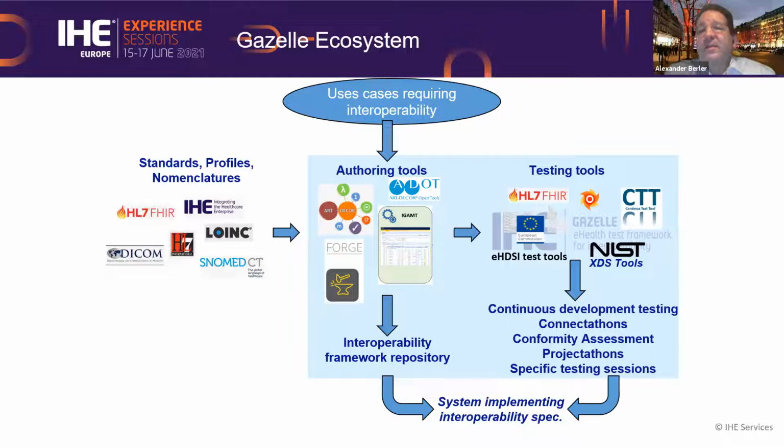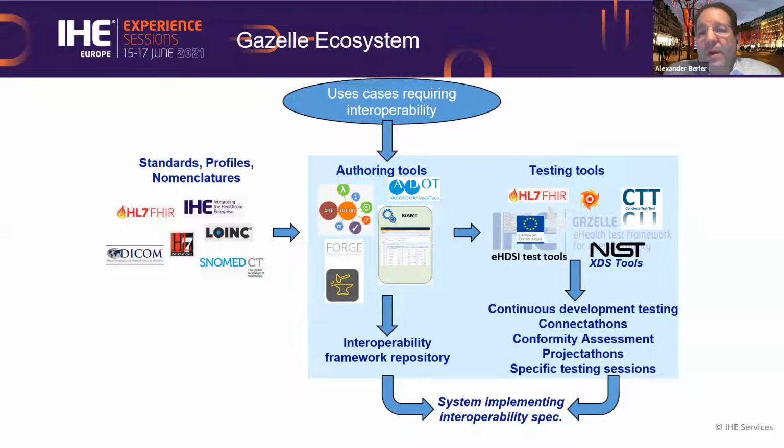And then we have the testing tools, which, as I said, can be of various flavors. We also integrate third-party test tools like the NIST tools that we use for the XDS group of profiles, or the CTT tools that we have now included since this year for the PCT domain, which includes also all the needed testing with Continua Health Alliance for the medical device testing.